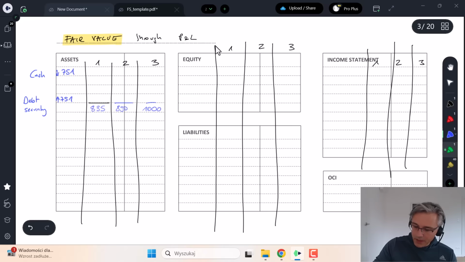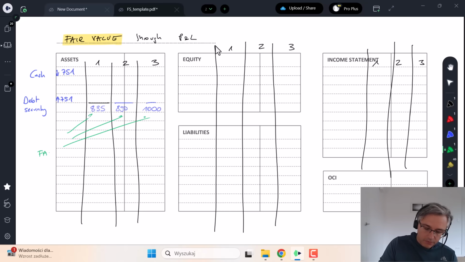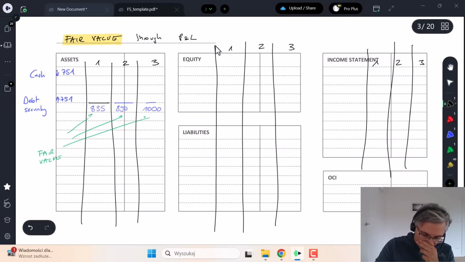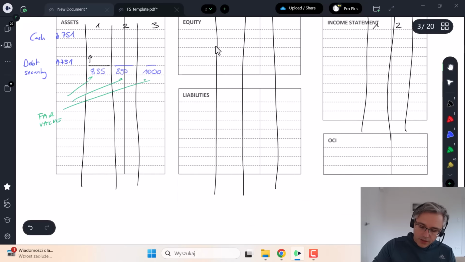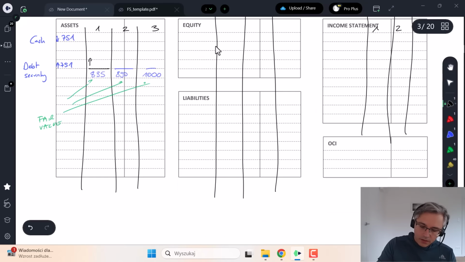So what's in the balance sheet is always the fair value from the market. In the first year, just like before, this means recording growth of 84. And look, this growth of 84, which the asset experiences, will also be experienced within equity.